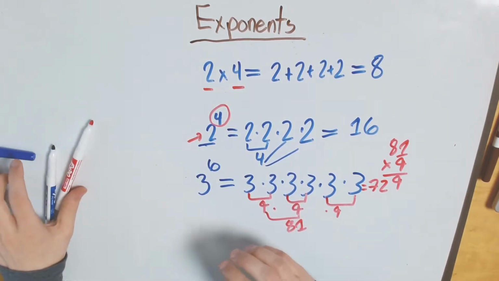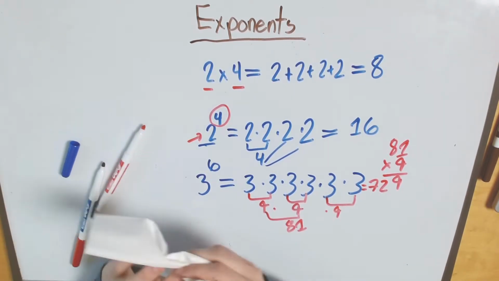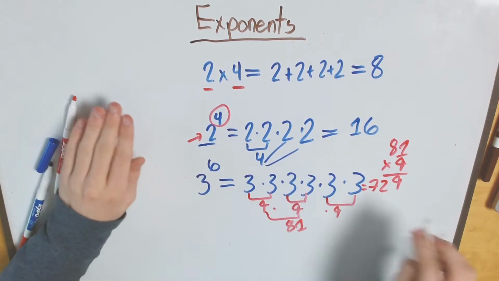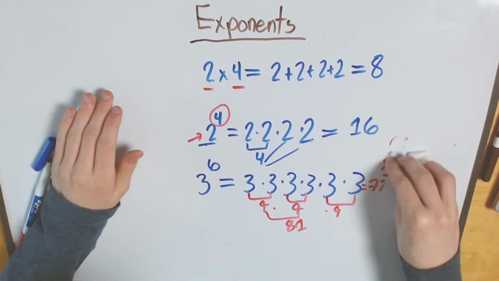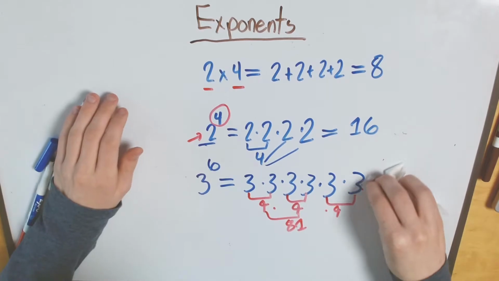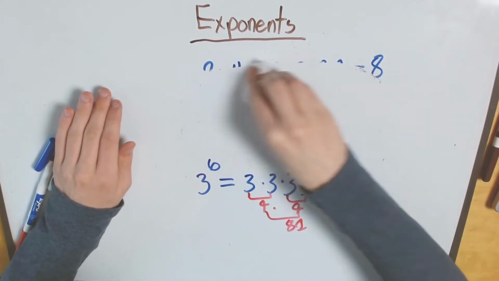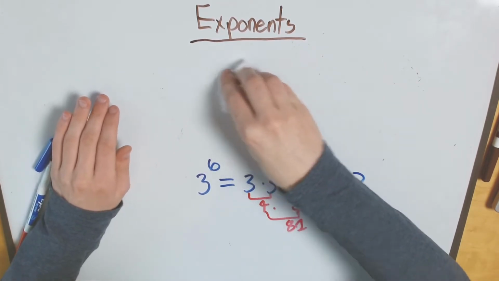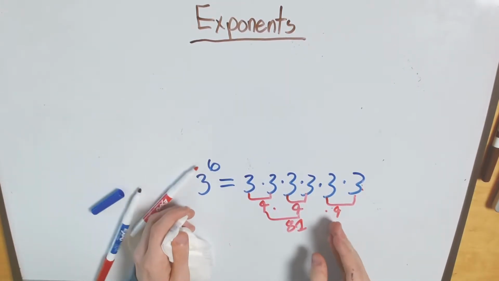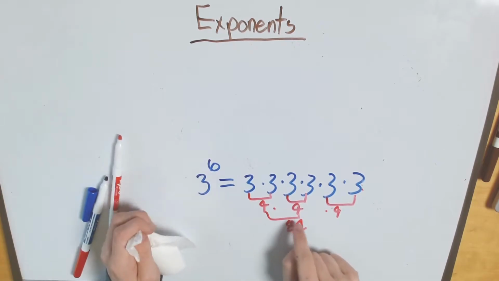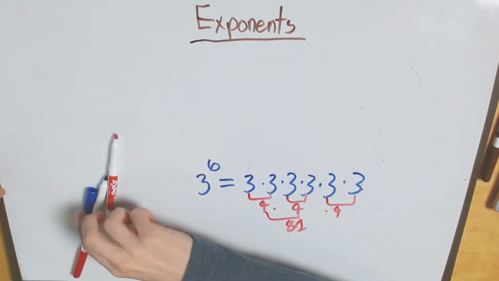But exponents aren't just for representing one single multiplication. We can also do a couple of interesting things with exponents. You notice in this last example, I took 3 to the 6 and I rewrote it as 3 groups of 9s, right?